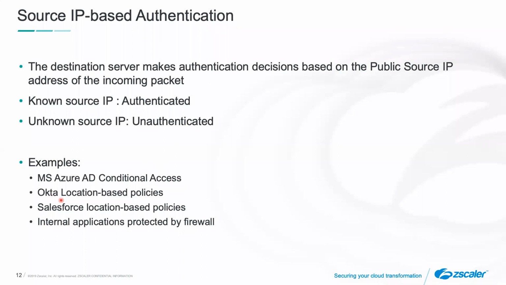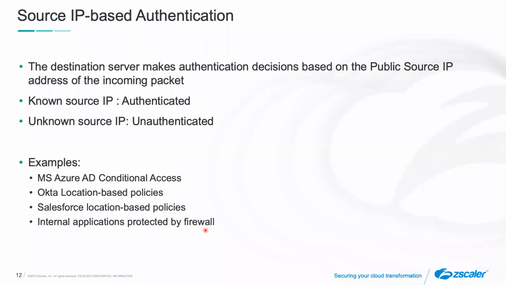This is a very commonly found scenario. Okta uses an equivalent of this in location-based authentication policies. Salesforce has its own location-based policies where you can control access to Salesforce based on source IPs. And then if you host internal applications publicly, which are protected by a firewall, then there are chances that you also have firewall rules that only allow traffic from certain known IP addresses, for example, your partner IP addresses.